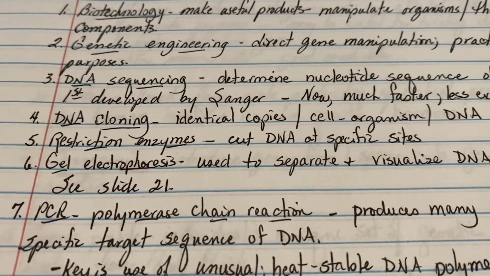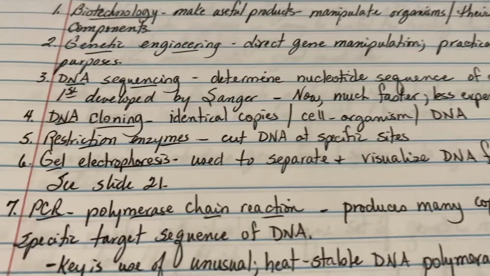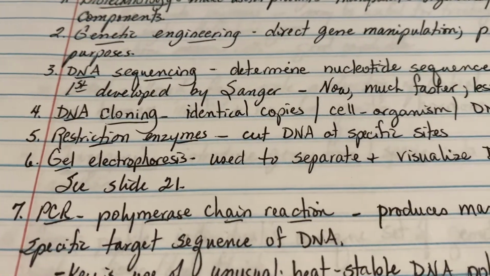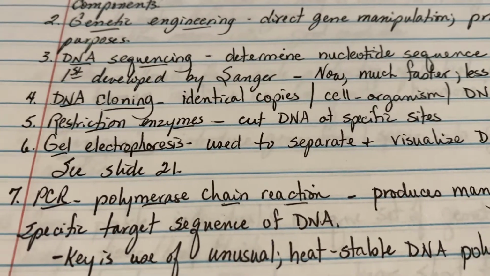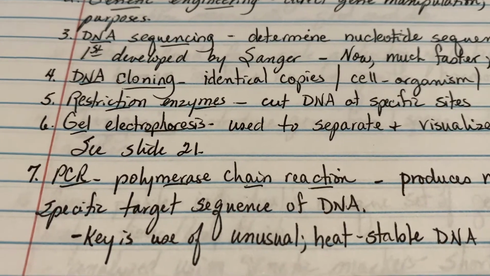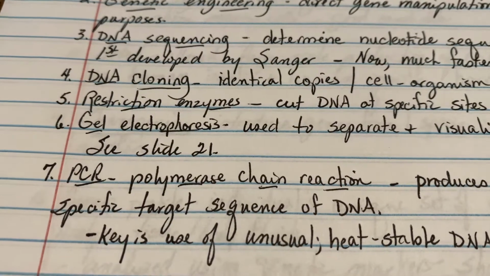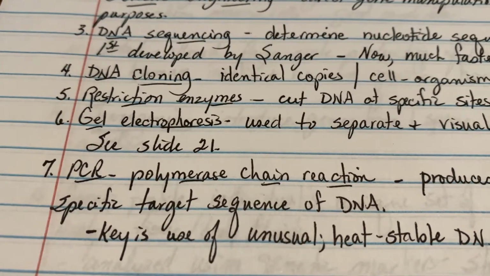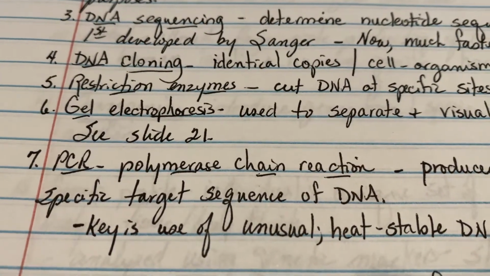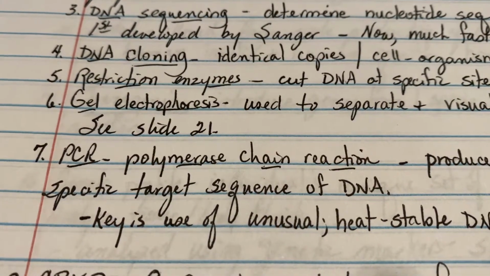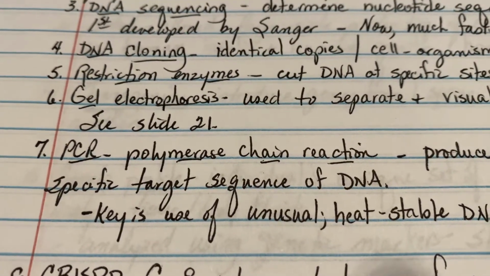PCR stands for polymerase chain reaction, and this produces many copies of a specific target sequence of DNA. And so this has been tremendously important in paternity cases and in crime scene cases, because you can take a very small amount of DNA and then amplify it and have plenty to use to identify, is this the criminal that did the particular activity?